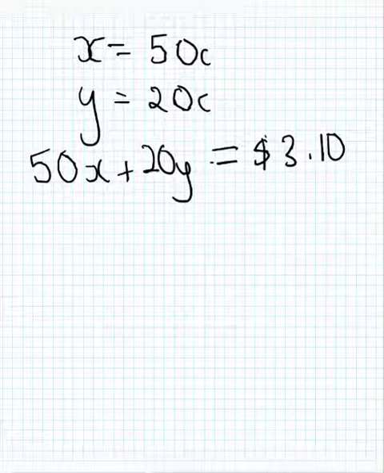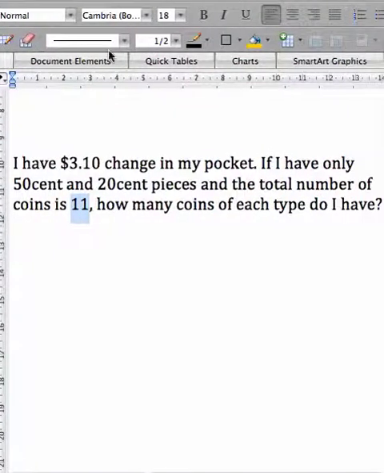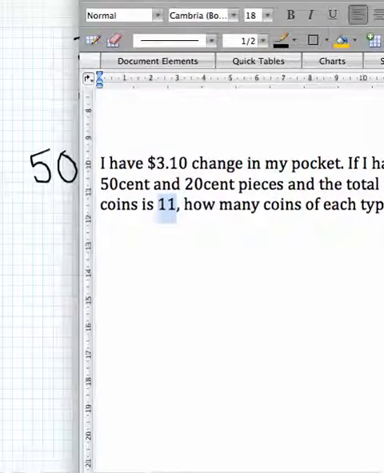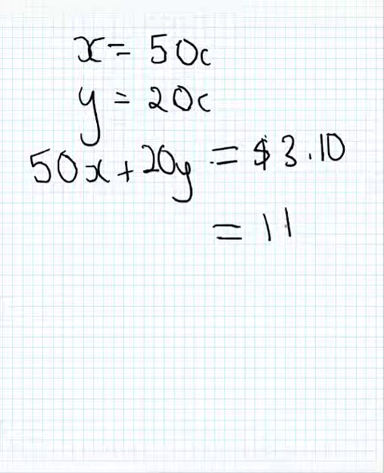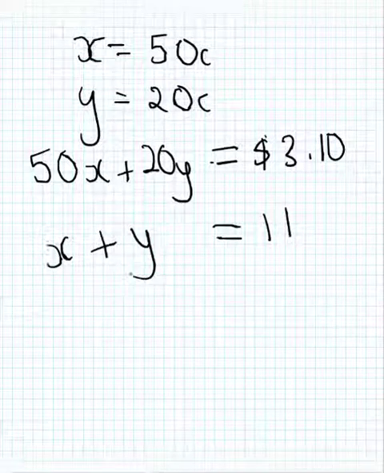Now, the second equation is that the total amount of coins is 11. It's not about value, so it's simply x plus y equals 11. Sorry about the bell. These will be our two equations that we'll use to solve this simultaneously.